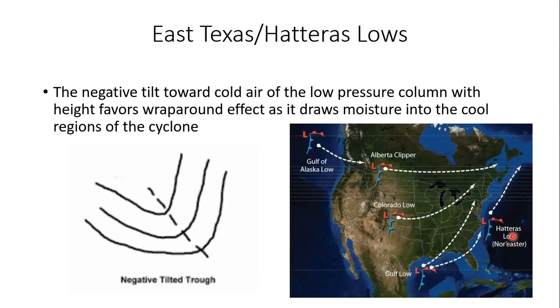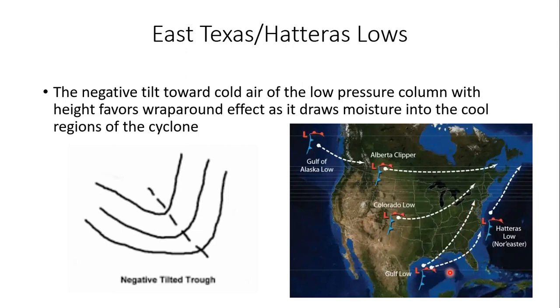Here's an example of a Cape Hatteras Low, a nor'easter. Initially, you might have an East Texas low forming over the western Gulf of Mexico, moving either on this track through Georgia, through western North Carolina, up along the spine of the Appalachians.